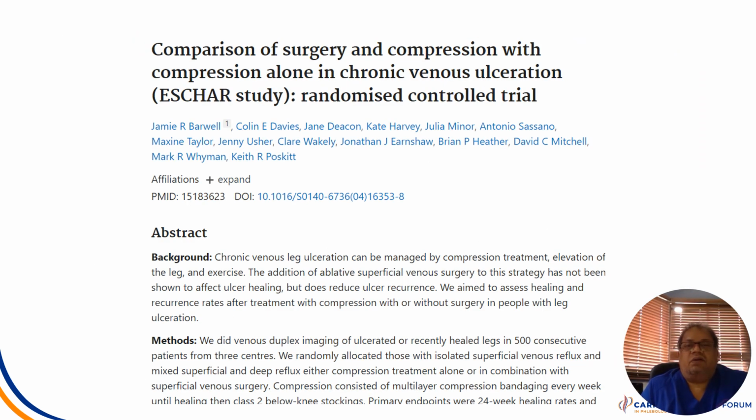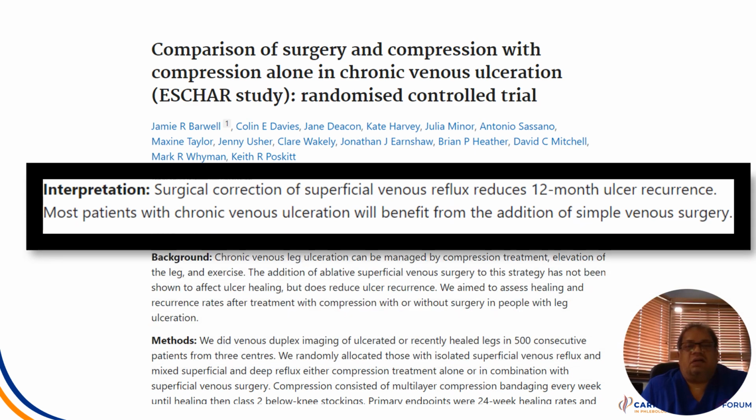At the international forefront, if we look at the EVRA study, surgical correction of superficial venous reflux reduces 12-month ulcer recurrence. Most patients with chronic venous ulcers will benefit from additional or simple venous surgery, meaning endovenous ablation.